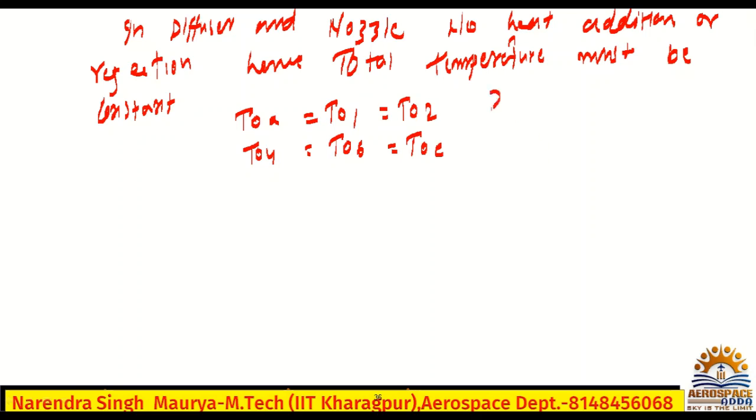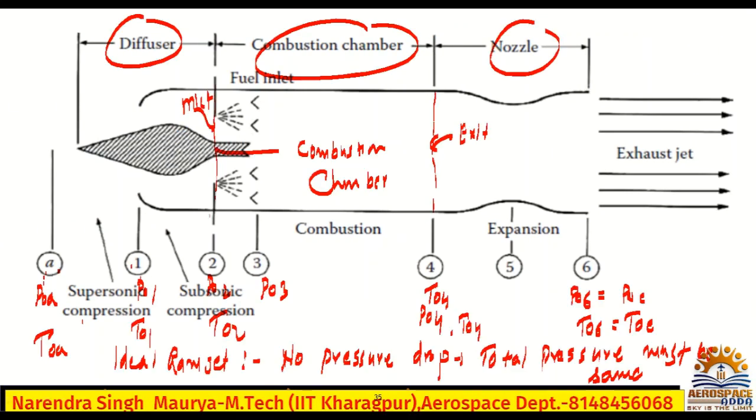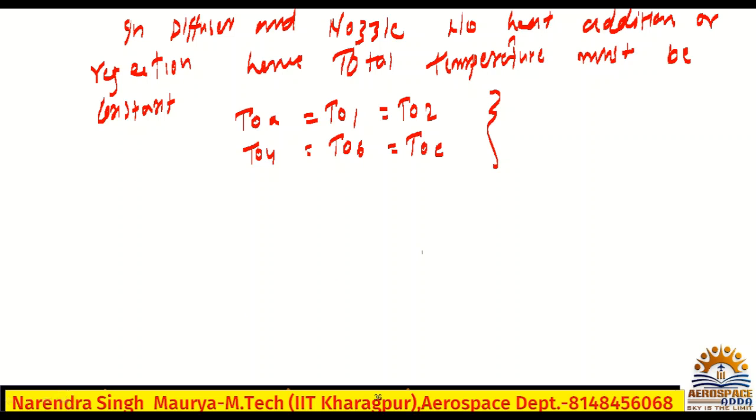But what about the combustion chamber? The combustion chamber is between T naught 2 and T naught 4. So T naught 2 is not equal to T naught 4. Why? Because in the combustion chamber we are adding heat by burning fuel, so the total temperature will not be the same. That is the condition for an ideal ramjet.